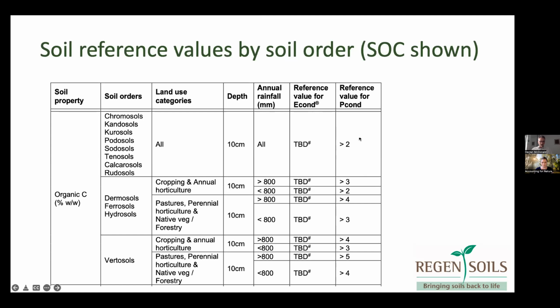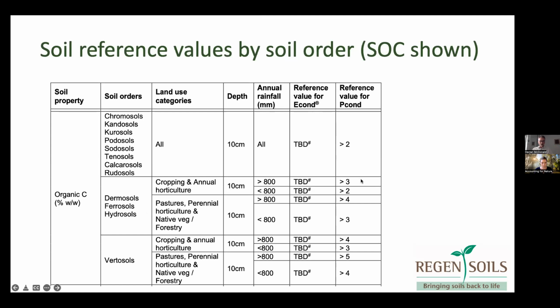So bearing in mind these are agricultural soils with all the impacts that agricultural soils have suffered, particularly in terms of loss of soil carbon from tillage history and grazing management and other agricultural practices, the dermosols, the ferrosols, and the hydrosols can be expected to hold higher levels of soil carbon, principally because of expected higher clay contents and the higher organic matter that we expect in these better watered soils.